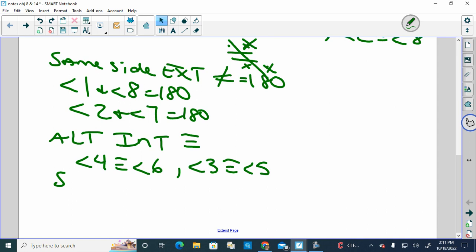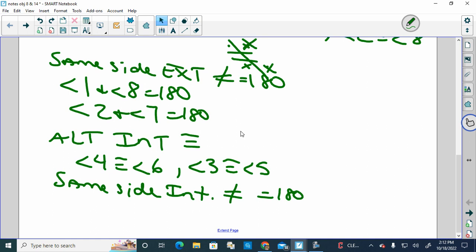Now we need to do same side interior. Do they look like they're the same? They're not, right? So again, they're not equal to each other, but they're going to add to equal 180.